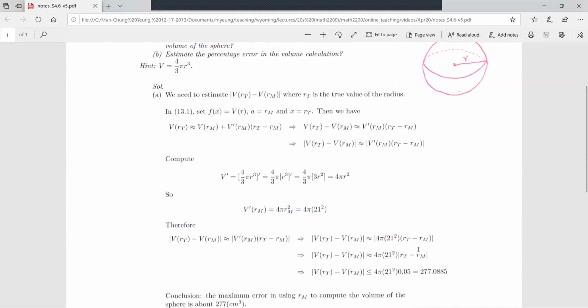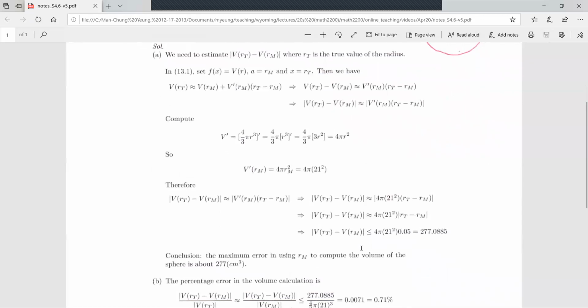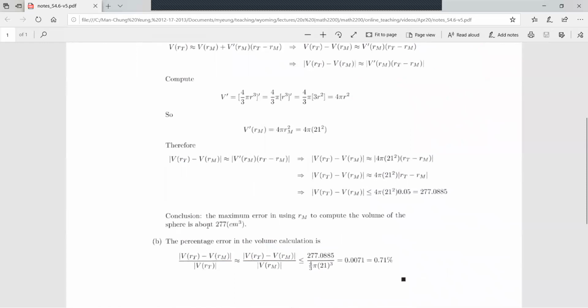From the given, we know that |RT minus Rm| is less than or equal to 0.05. So therefore, use that inequality, then we get this inequality. This number by calculator is about 277. Okay, now conclusion.